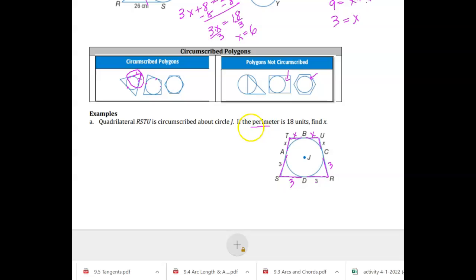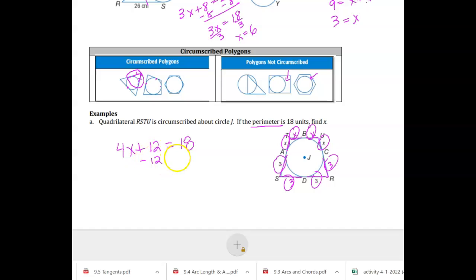So perimeter means to add up all the sides. So I'm going to circle them so I know. I've got 1, 2, 3, 4 x's plus 1, 2, 3, 4 3's. 4 times 3 is 12. And I know altogether that that's supposed to equal 18 because they told us that was our total.